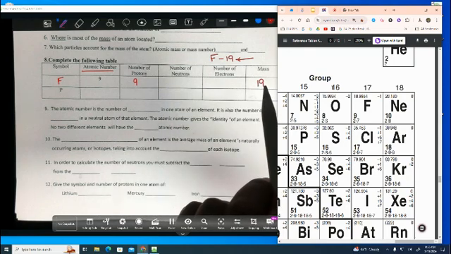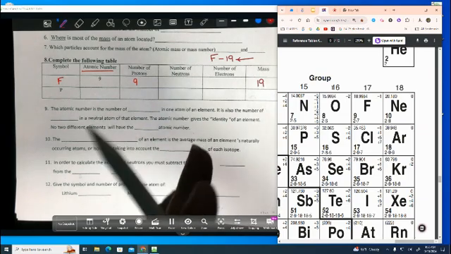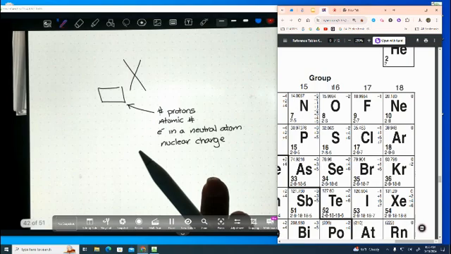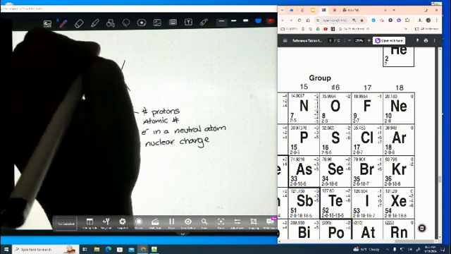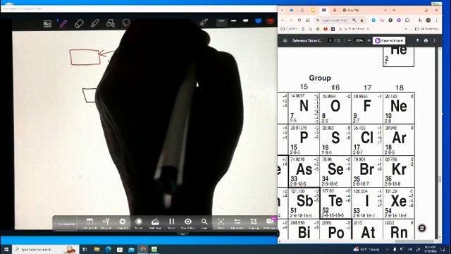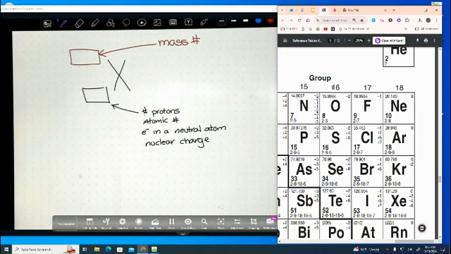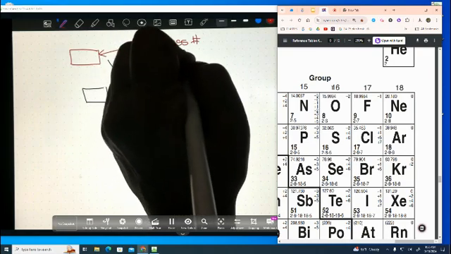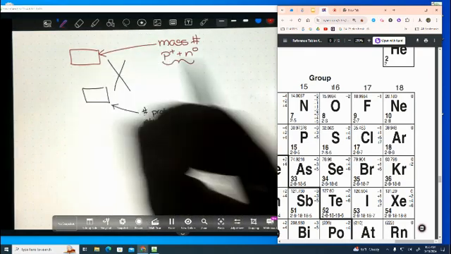The mass is bigger. You're going to take the mass, which is in the upper left-hand corner. Where the heck did my paper go? Here it is. This is the mass. This is the mass number if it's a whole number. It's the atomic mass if it's a decimal. The mass number is equal to the protons and the neutrons together.